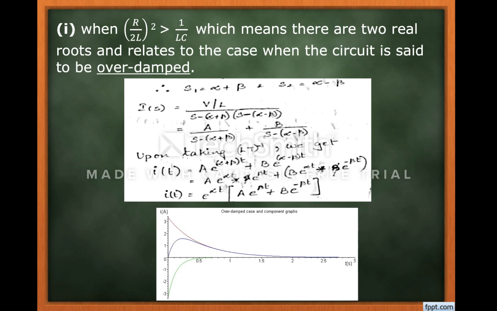So it may settle down or it may not settle down. Hence we call that overdamped. It means that the response is sluggish and slow, and the time which the system takes to reach is called rise time. This rise time will be very slow for an overdamped case.